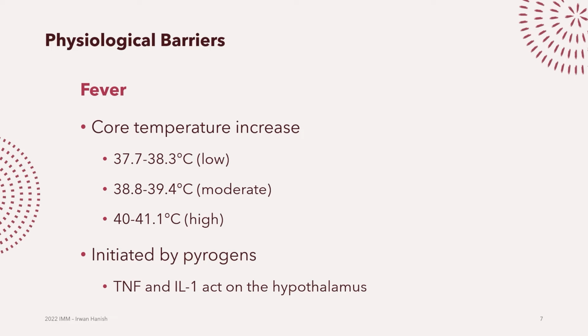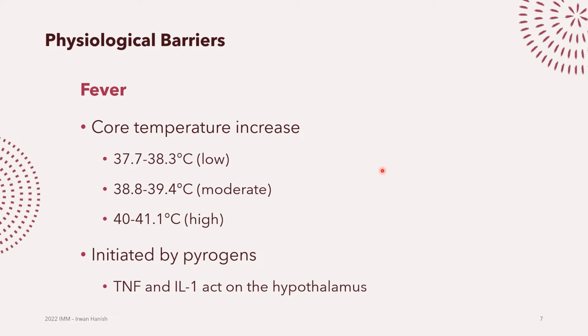If the pathogens get past that, they're going to encounter the second layer, the physiological barriers. These, generally speaking, have more moving parts than what we observed in layer 1 of the defense. The prime example of this is the good old fever.